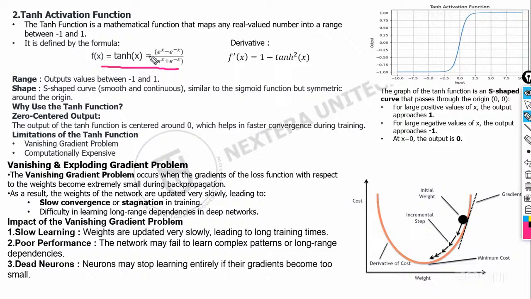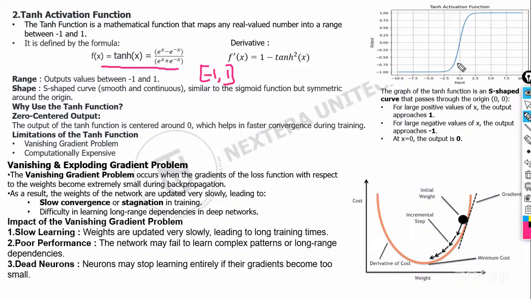The output of the tanh function is always between -1 and 1. With the sigmoid function, you get only positive values, 0 to 1. But with tanh, you can get any value between -1 and 1.